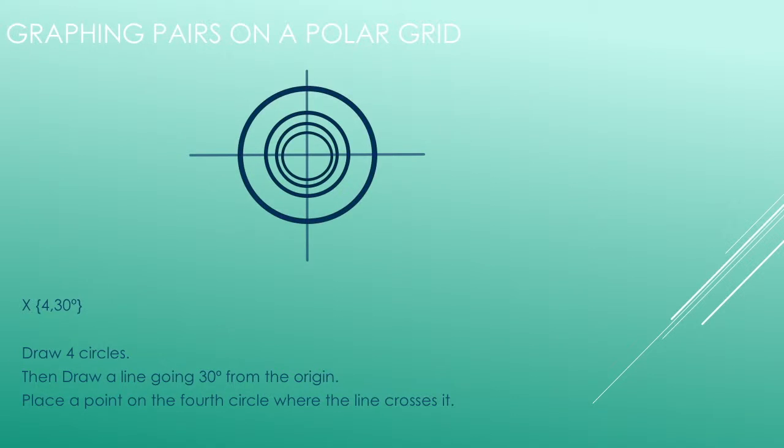These circles may be a little uneven, but that's just because PowerPoint can be difficult to use at times. Now we graph our angle going roughly 30 degrees from the origin. I say roughly because, again, PowerPoint can be difficult to get the exact measurements. And finally, we graph our little pink dot right where that line and that big blue circle meet. That's where the 4th circle and the 30 degrees meet. And that's how we graph pairs on a polar grid.